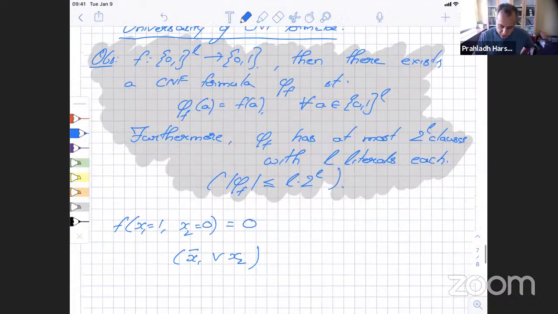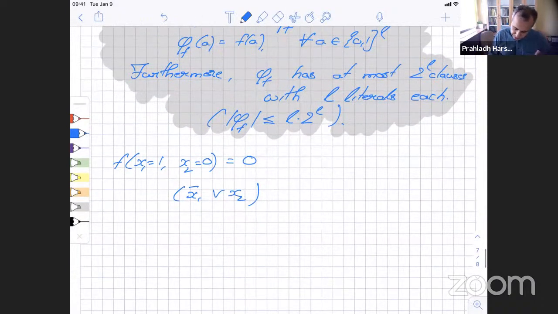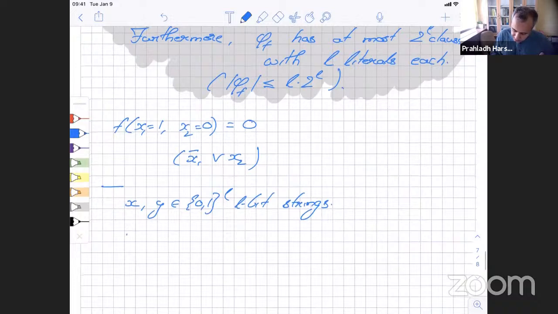So we will use this feature of CNF formulas. That's one thing we'll use. The other thing we'll use is the following. Say x and y are both L-bit strings. I want to write the fact that x is the same L-bit string as y. By the way, this should already follow from what we have, but there's a much simpler formula, which is just this.